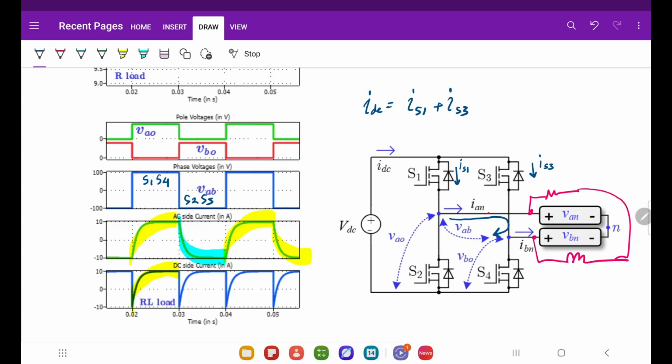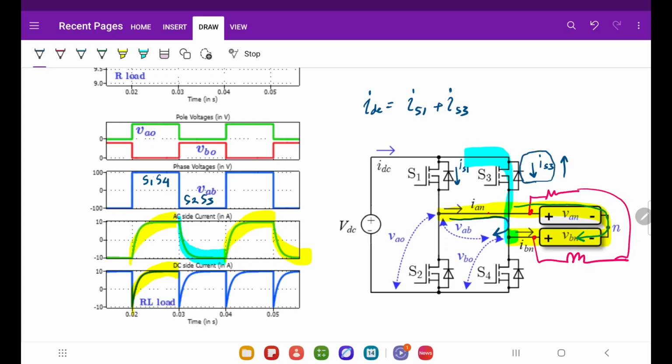If the load current flows like this, then the current goes on this side, so the load current's direction is opposite to the direction of IS3.